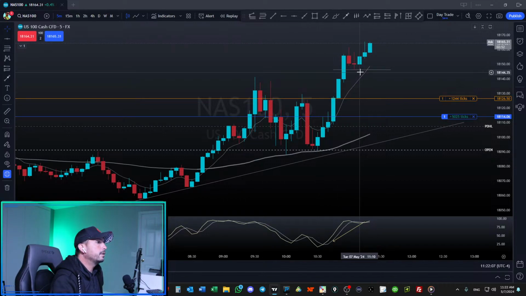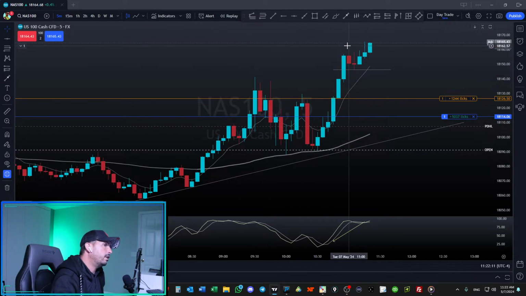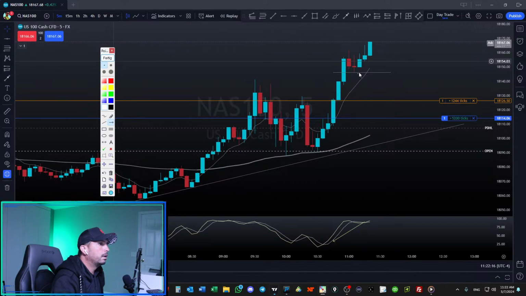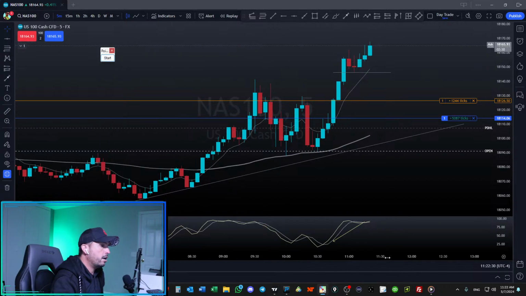I think this is the bottom over here. It didn't even visit the prior high, so the trend is strong. We came close to it now. But now stochastic is already going all the way up.